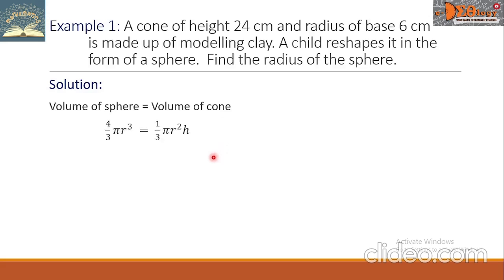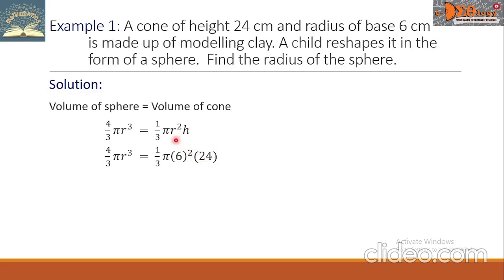Let us show the formulas for each. The volume of the sphere, that is 4/3 pi r cubed, equals the volume of the cone, that is 1/3 pi r squared h. In the given, we have the data for the cone, so we substitute it here.